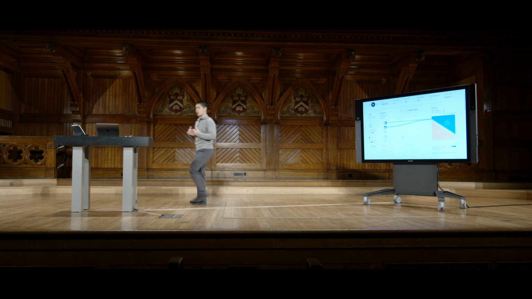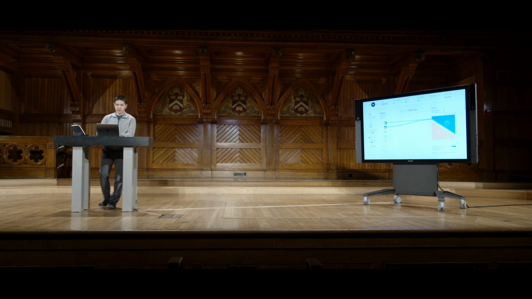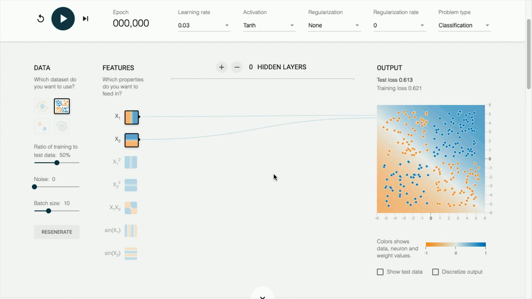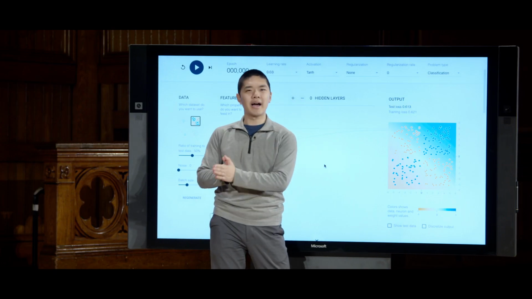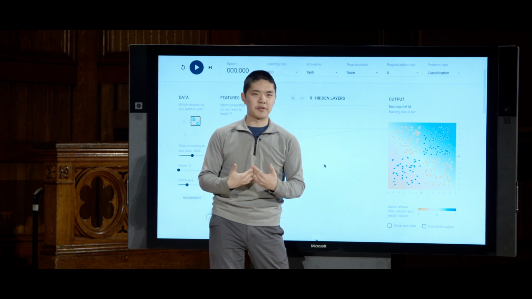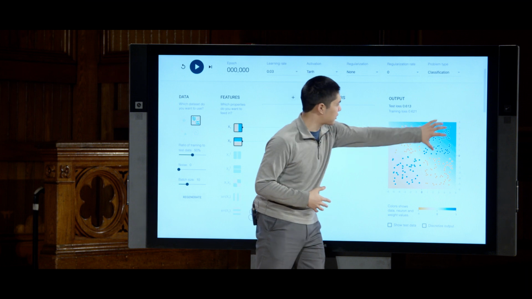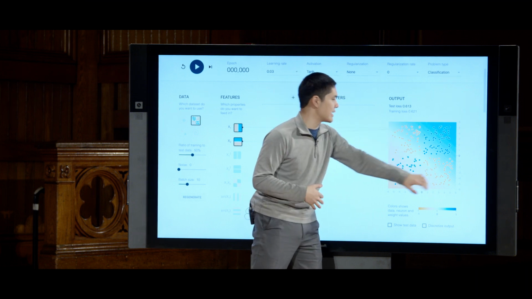Let's now consider a more complex case. So I'll go ahead and pause the simulation, and we'll go ahead and look at this data set here. This data set is a little bit more complex now. In this data set, we still have blue and orange points that we'd like to separate from each other. But there's no single line that we can draw that is going to be able to figure out how to separate the blue from the orange, because the blue is located in these 2 quadrants and the orange is located here and here.